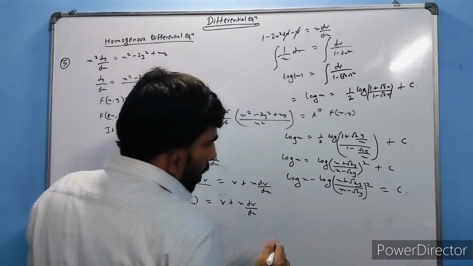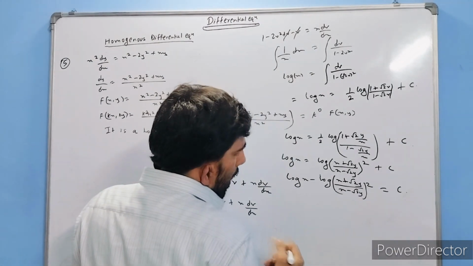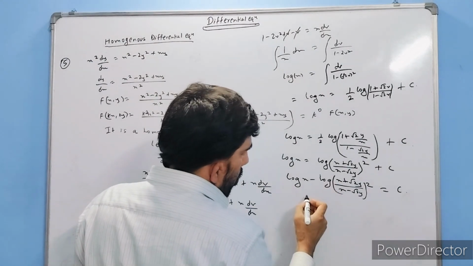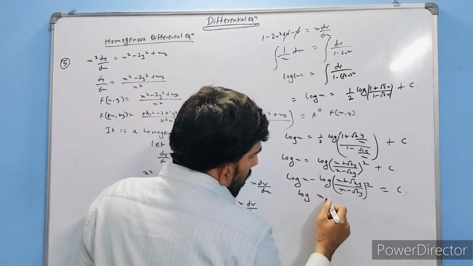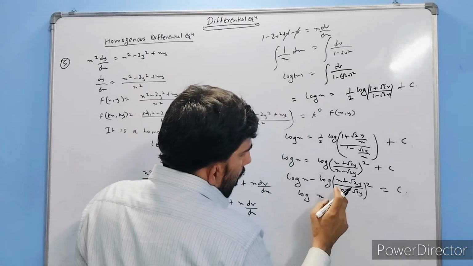Okay, so if I solve this, log a minus log b will be log of a upon b.